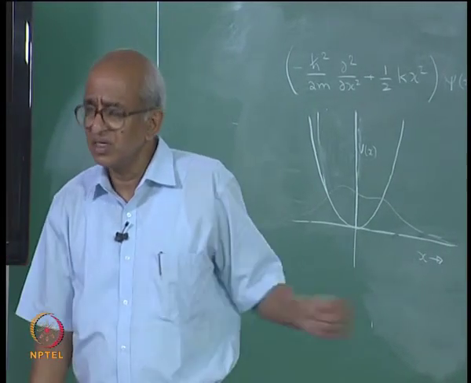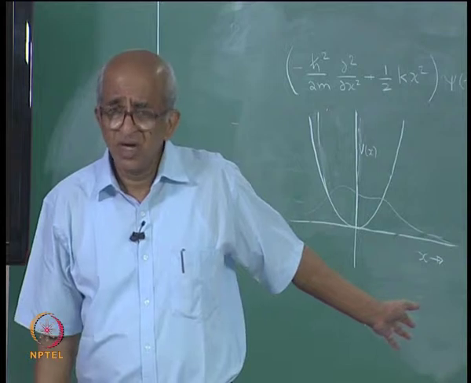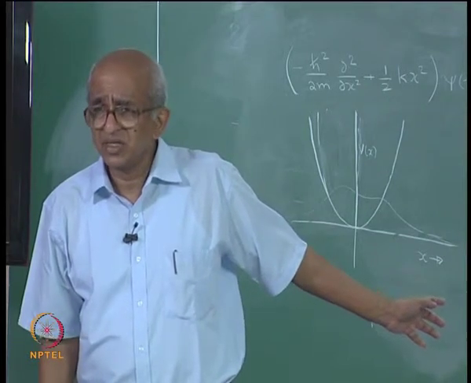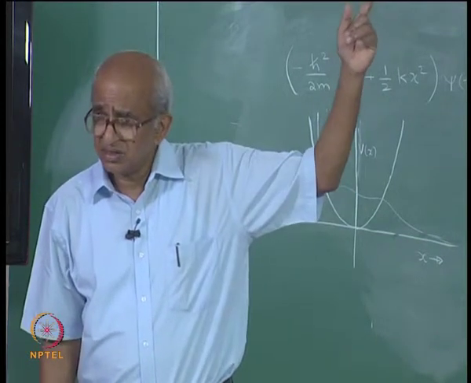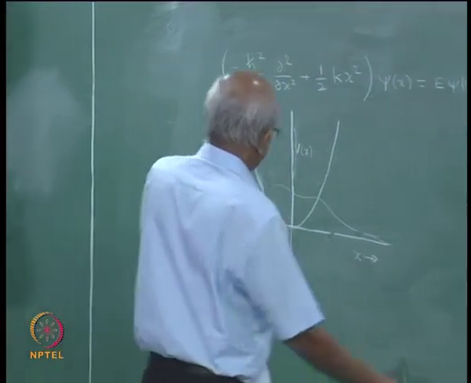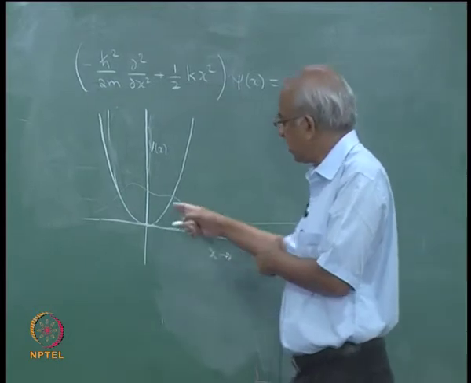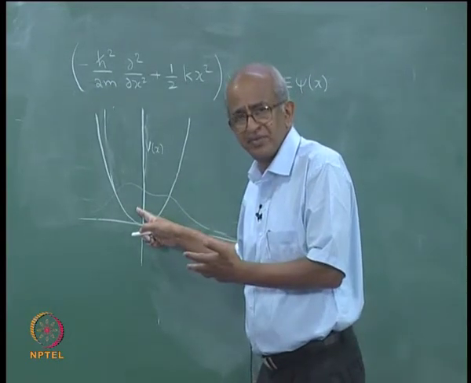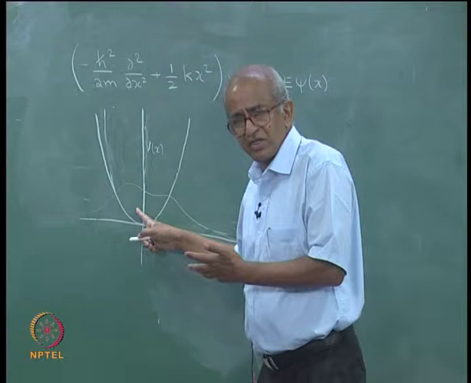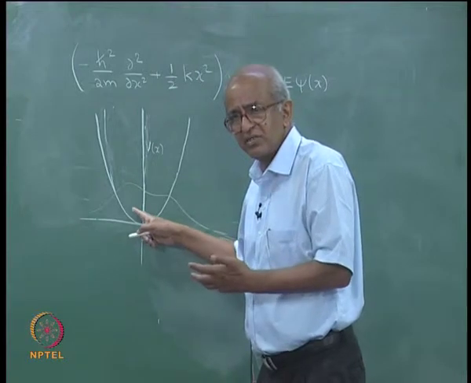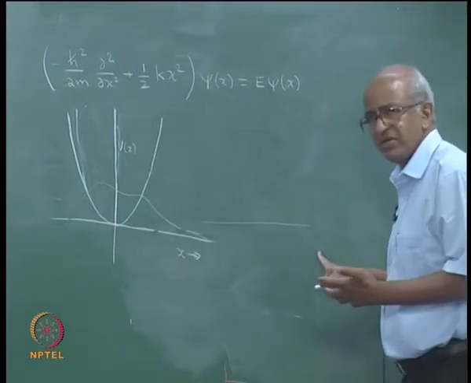Why? Because when the value of x is very large, the potential energy is getting very large, and my particle has only a finite amount of energy, and therefore, I would not expect this particle to penetrate far into this region.